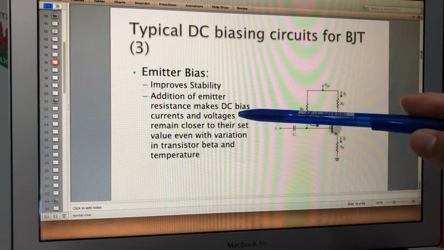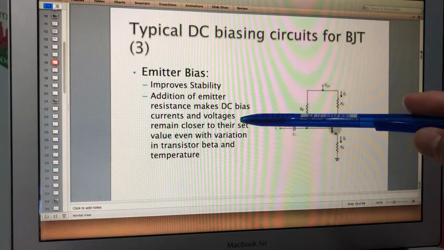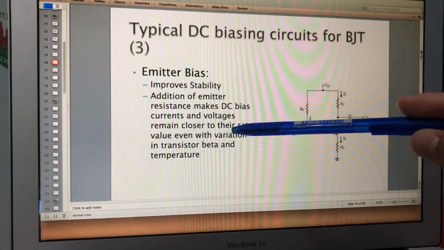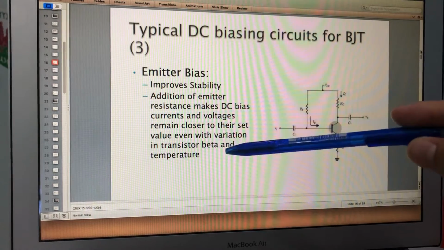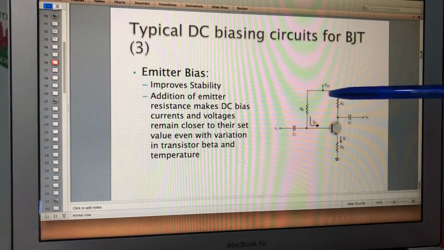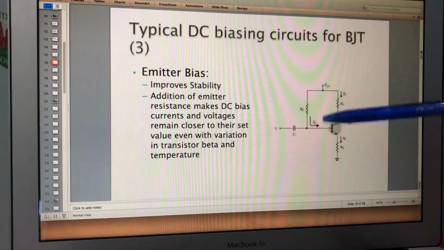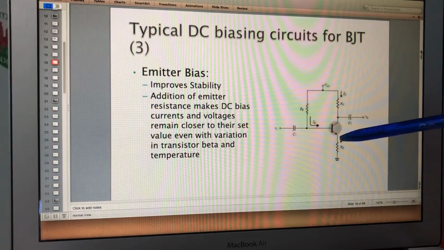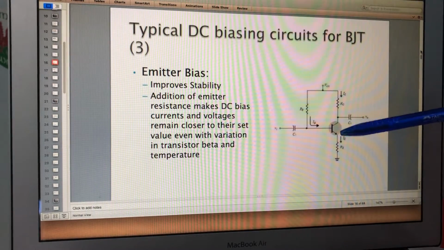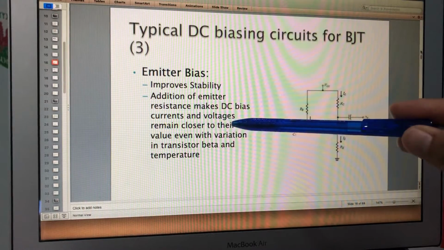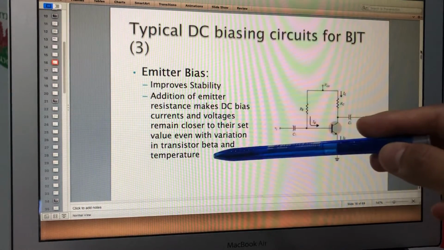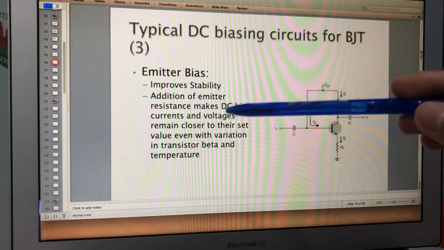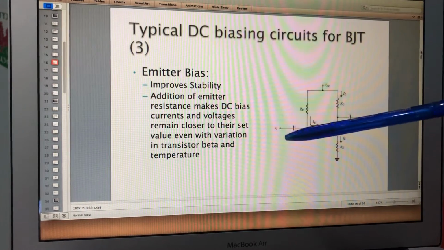The addition of emitter resistance makes DC bias currents and voltages remain closer to set values even with variations in transistor beta and temperature. If you analyze this circuit, we can see that the DC current and voltages will not have much variation if beta is changing.